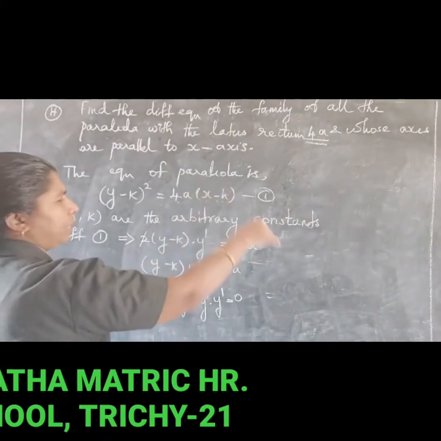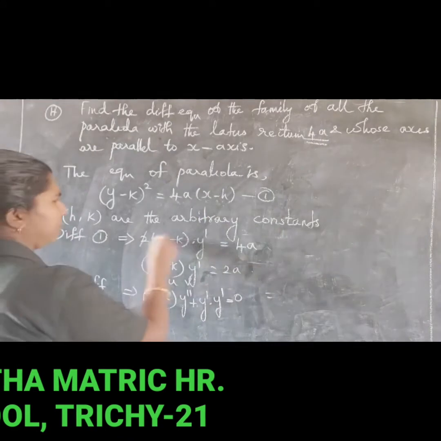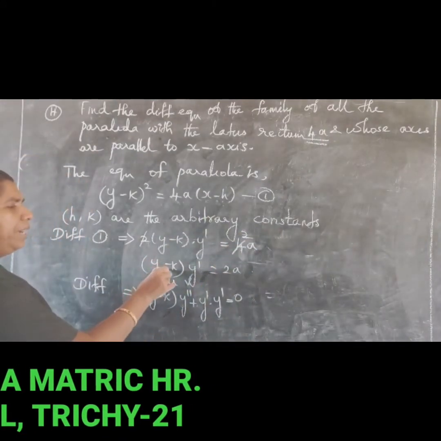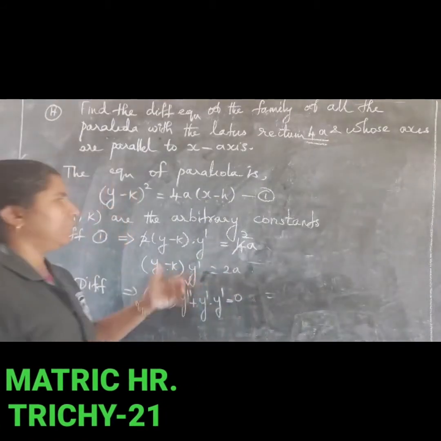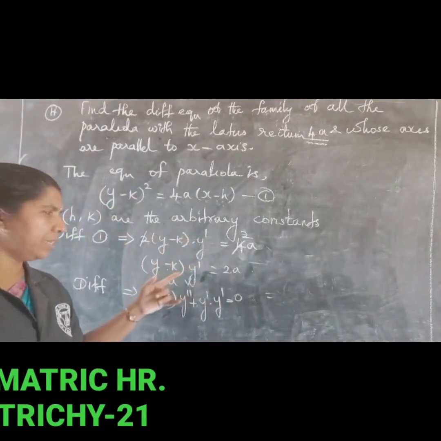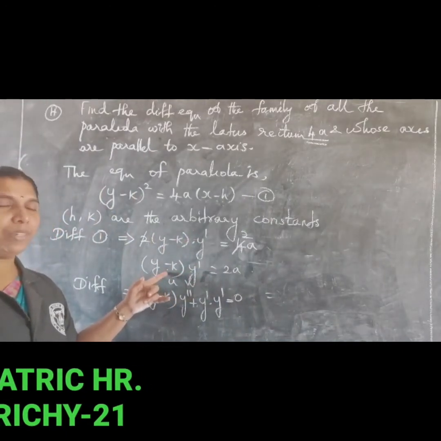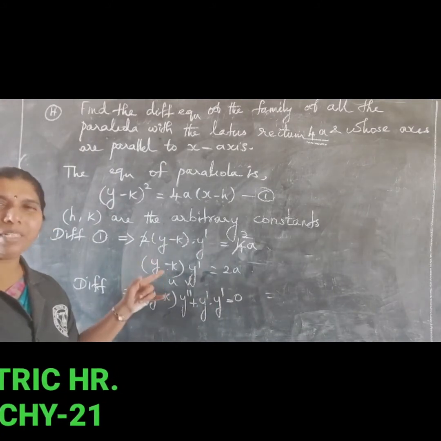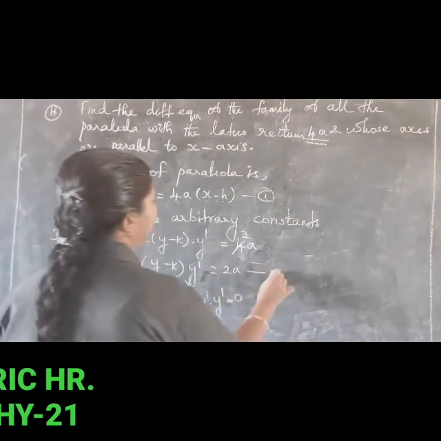The next one is a constant that can be considered as 0. Now you can cancel these two. So now we got y minus k into y dash equal to 2a. Once we have differentiated, again we are getting one more constant k. So we want to eliminate this k also. So to eliminate k, next differentiating equation number 2.